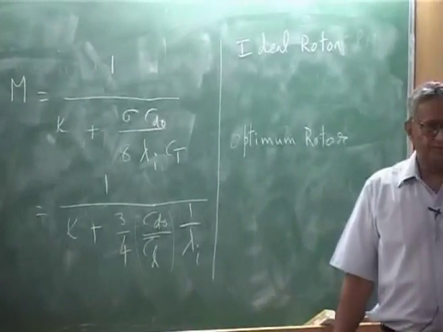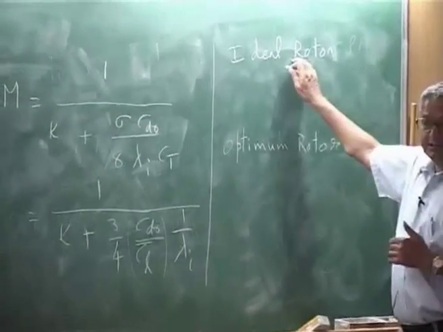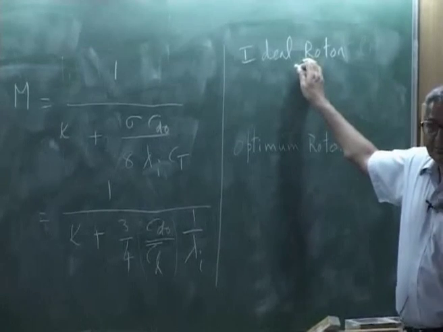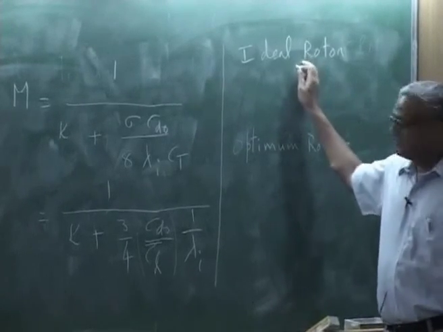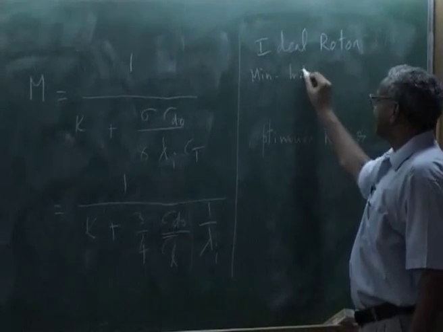Okay, these are two definitions essentially. Ideal rotor is one with minimum induced power.